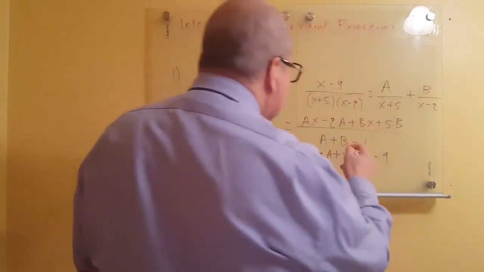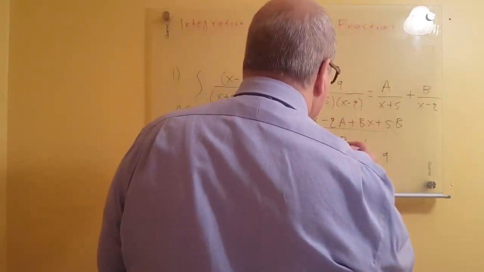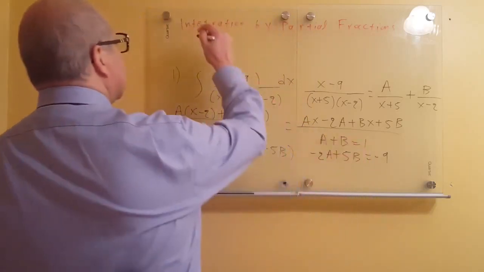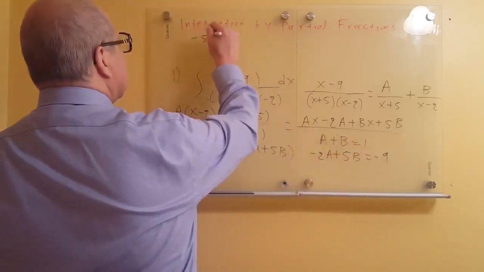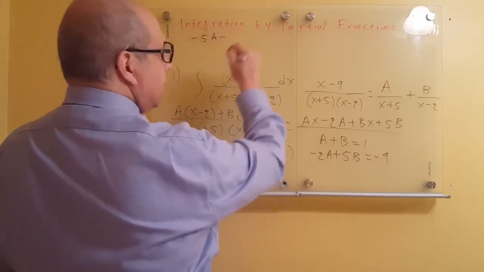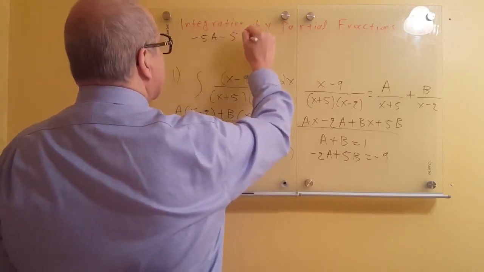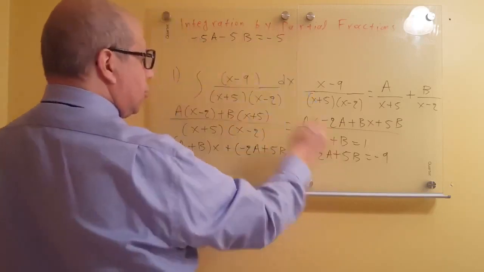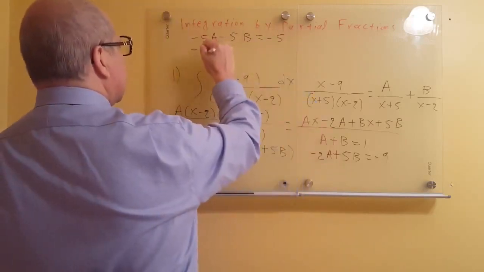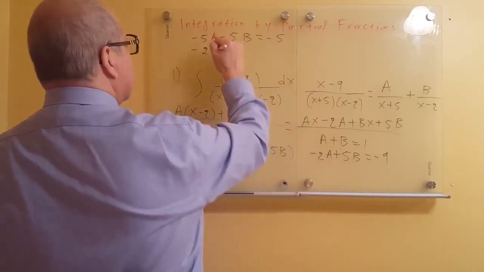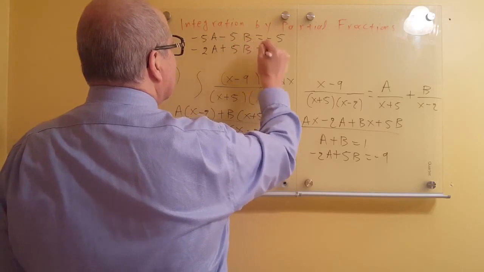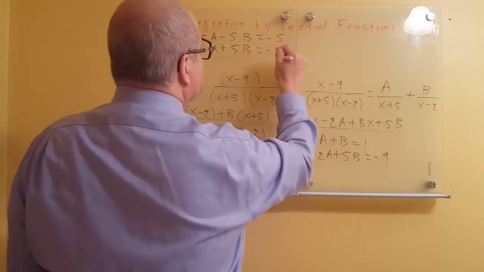So, let's say if we multiply the first one by -5, we will get -5a - 5b equal to -5, and of course we write the second one, so -2a + 5b is equal to -9.